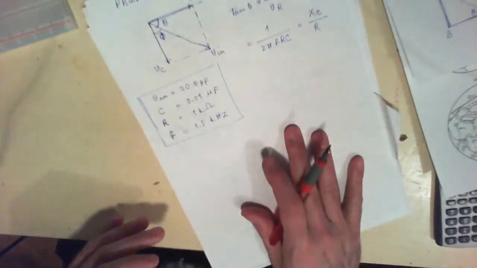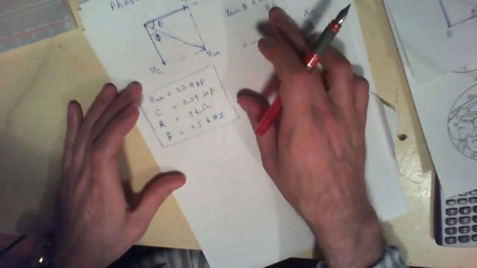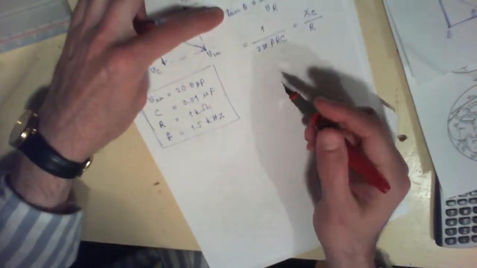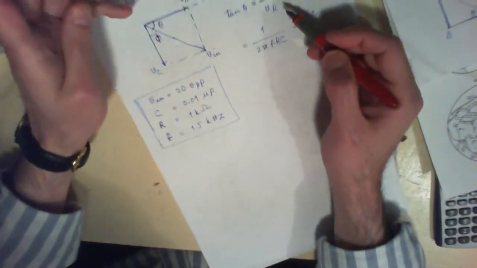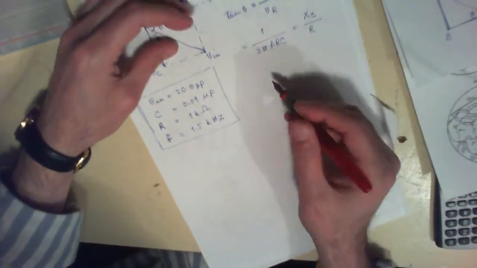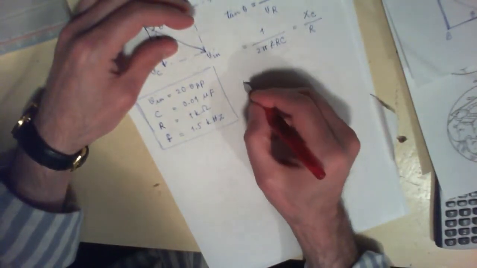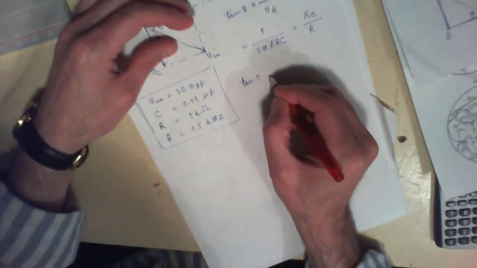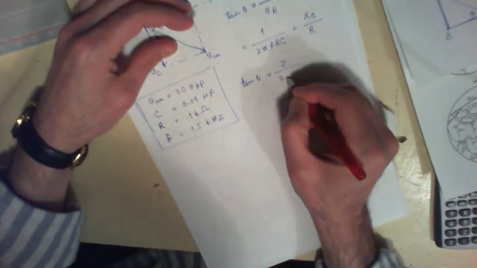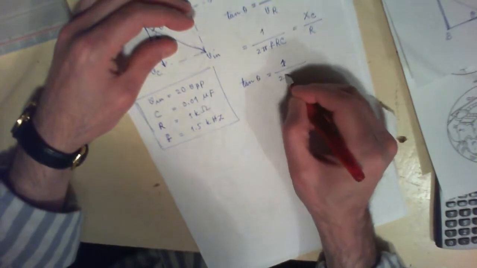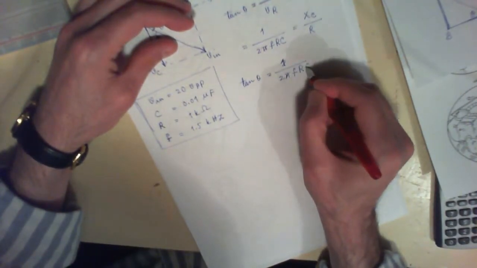So we said that tan theta is equal to V of C to V of R, and also tan theta is equal to 1 over 2 pi FRC.